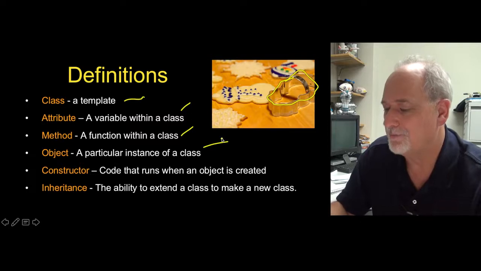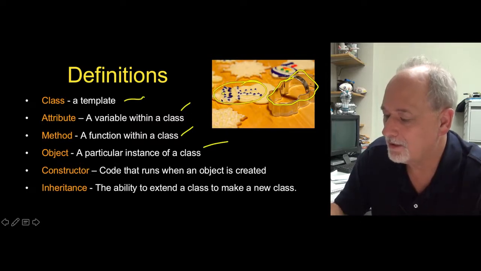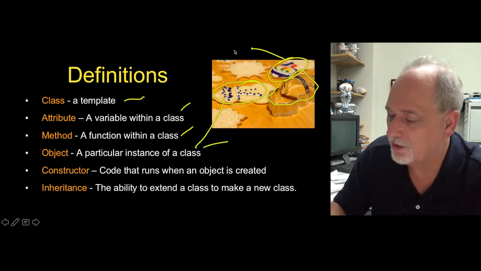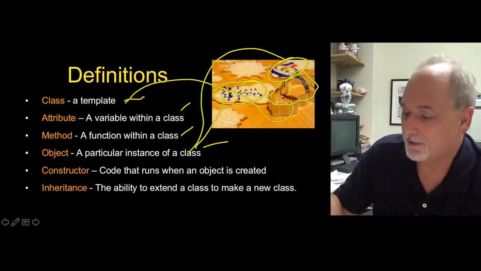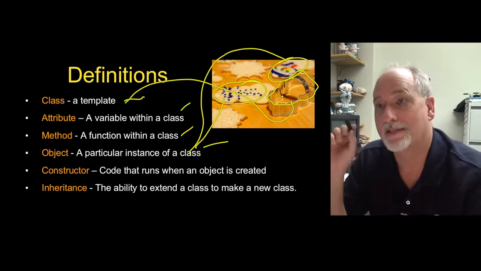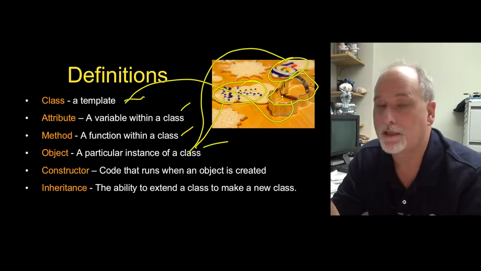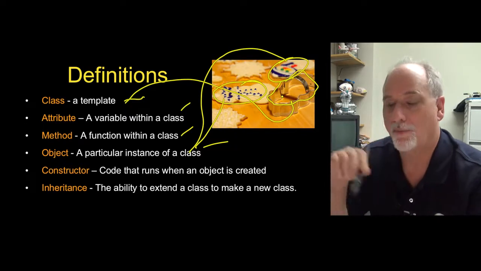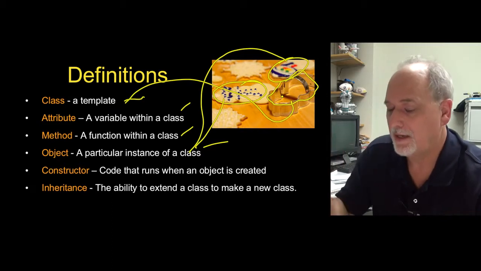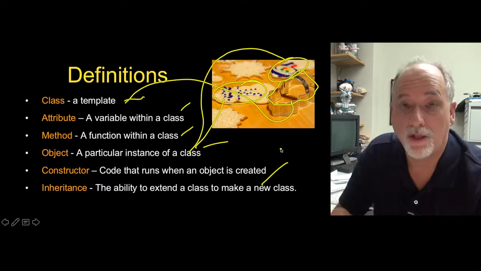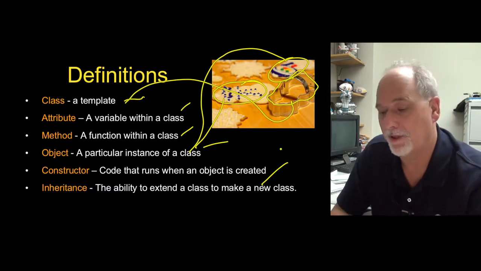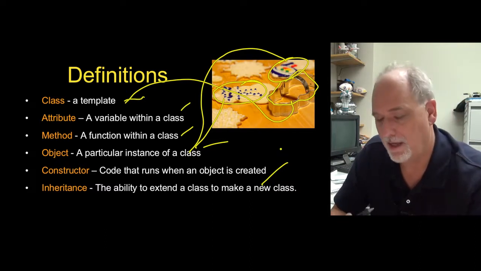And so the object here is the snowman cookies. The class is the snowman cookie cutter. And a constructor is a bit of code that sets up our object, our instance, when it first is created. And inheritance is this ability to create a new class, but take all the capabilities of an existing class.